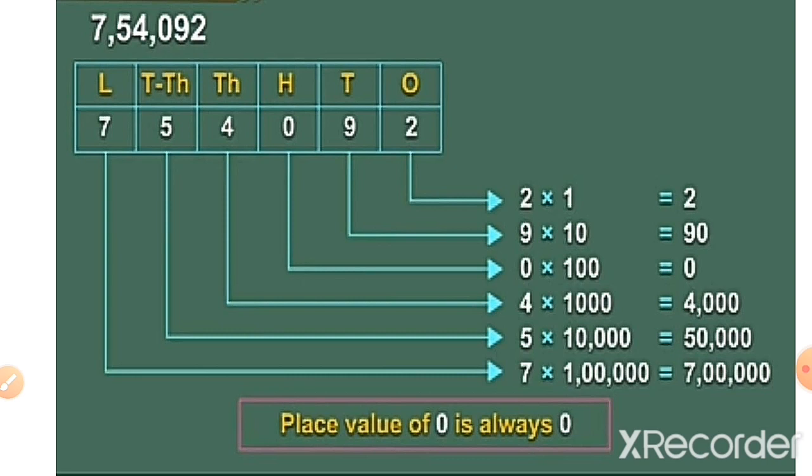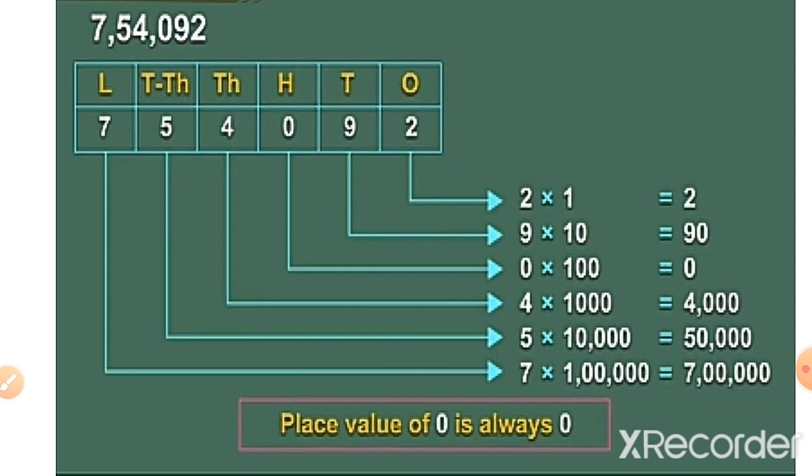So here you have a number 7,54,092. Here we are going to write the place value of the number. The same thing what we have done for 5 digit, the same thing we are going to do here. First write the place of the number and then multiply with the face value. Here the face value of 2 is 2, multiply with the place, that is ones.